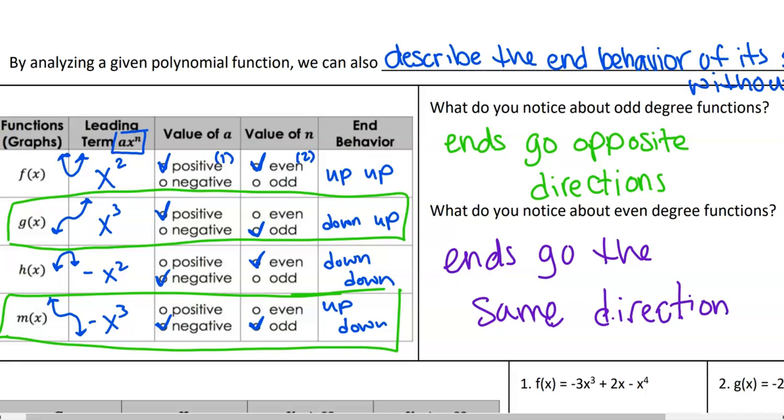So we notice that even and odd exponents are going to decide if my ends go opposite or same direction, right? The other thing you pointed out to us was the whole positive versus negative thing, okay?